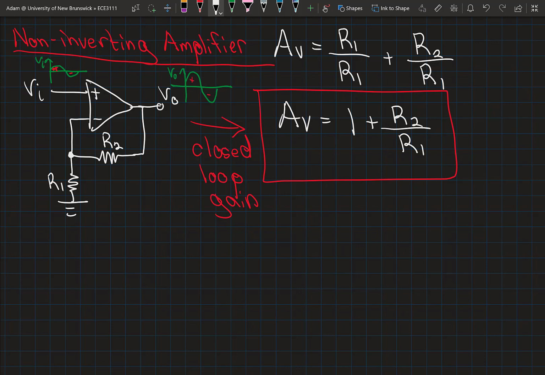Just a warning, often in fact, this resistor R2 is referred to as RF, the feedback resistor, in which case the gain would instead be 1 plus RF over R1. It's the same thing, just replacing R2 with RF. It's really common to refer to that resistor that's connected directly between the output and the input as the feedback resistor.